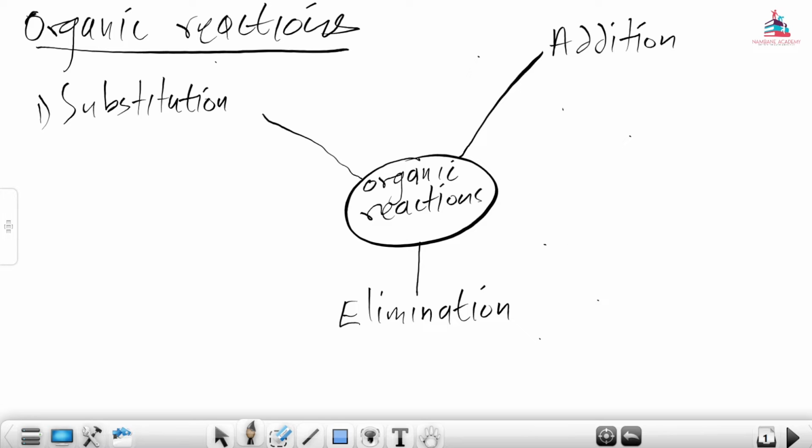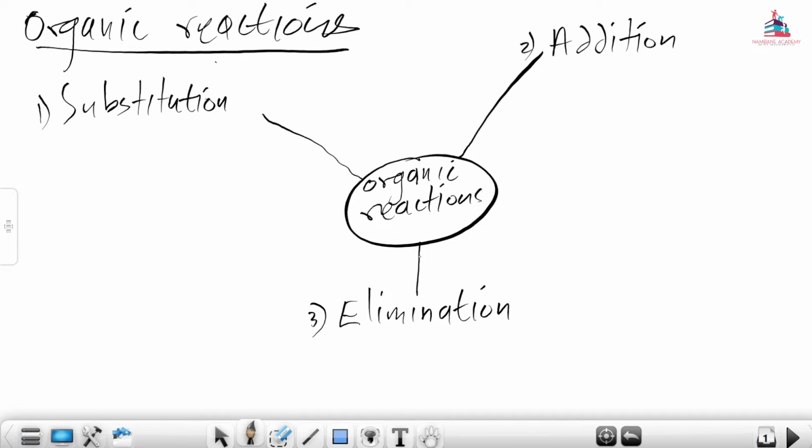So with all these three, the question will be, how best can one identify which organic molecule will undergo addition, substitution, as well as elimination?